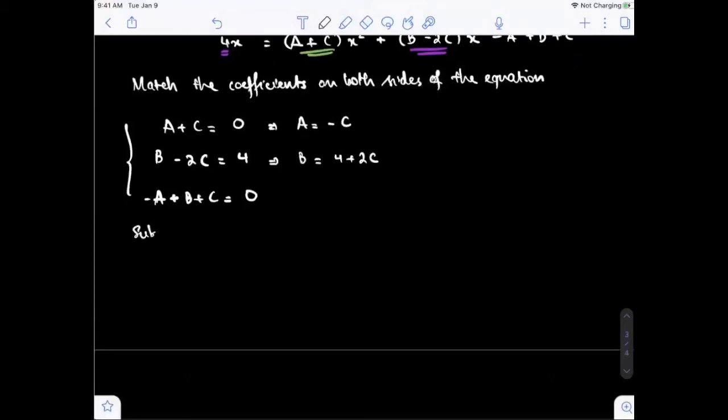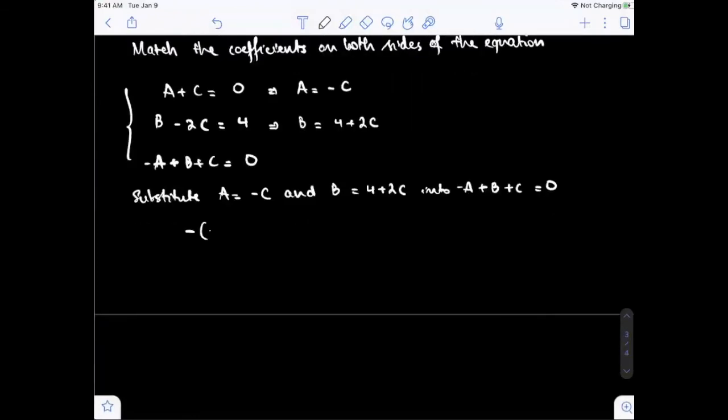So substitute A equal to negative C and B equal to 4 plus 2C into the last equation, negative A plus B plus C equal to 0. I got negative C plus 4 plus 2C plus C equal to 0.